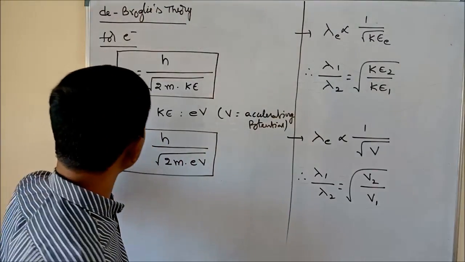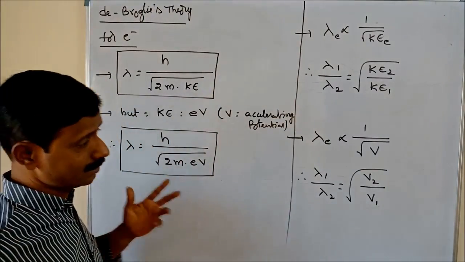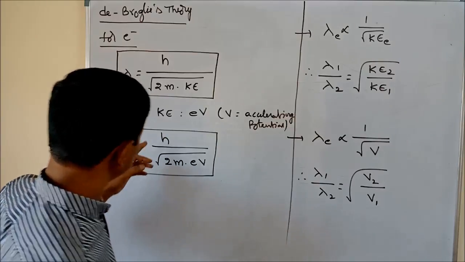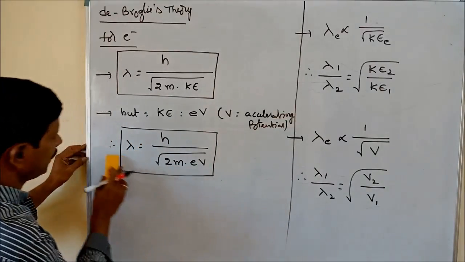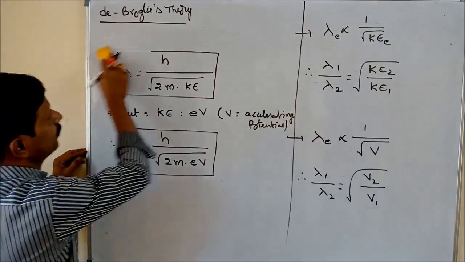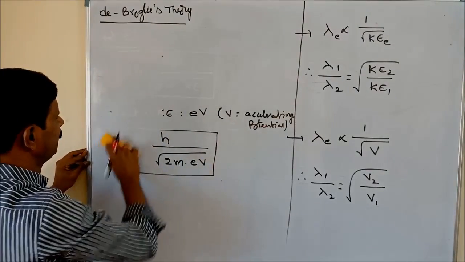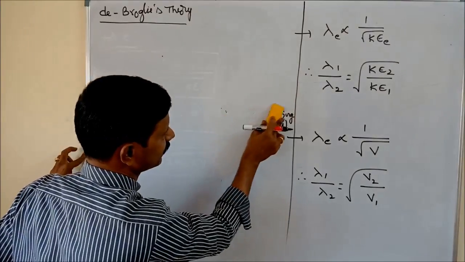As far as this electron is concerned, every time there is no need to substitute the h value or m value. For that purpose, I am going to give a direct formula in terms of potentials.